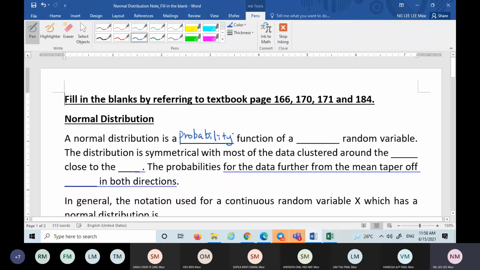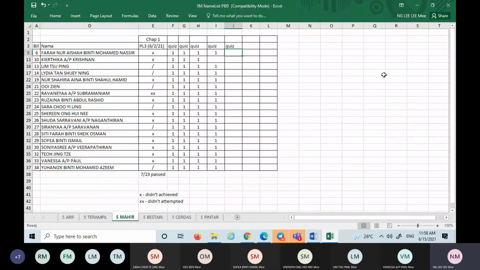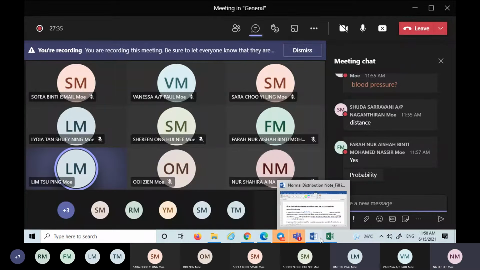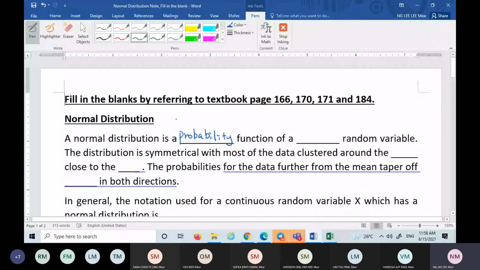A probability function is of what type of random variable? Is it discrete or continuous? Next girl, Jessica not here. Suping: continuous. Thank you. It's a continuous random variable.